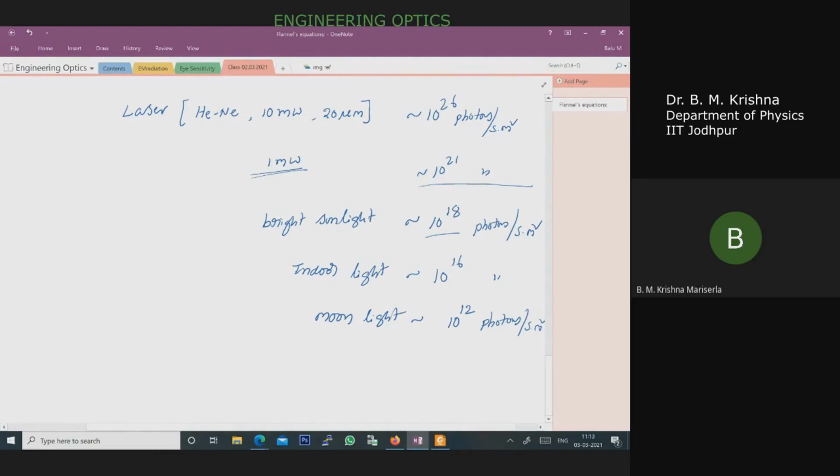Now if you see the photon flux in the moonlight and sunlight, you can see the difference. That is the reason moonlight is always dimmer compared to your sunlight, even at indoor conditions. This is a basic difference between different common sources in the number of photons within a meter square area.